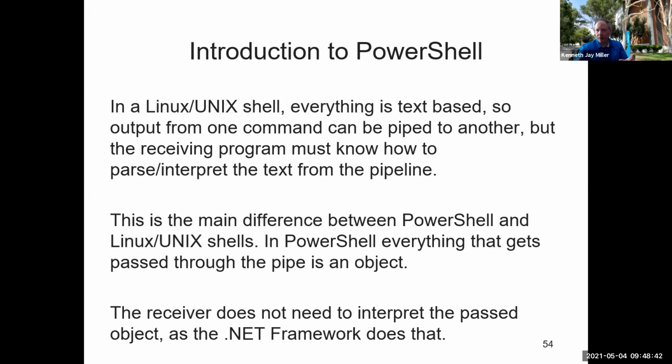So the receiving program doesn't need to know how to interpret it, because that's what the .NET framework is there for. It gives us the ability to take the output from one command and send it to another command, and that other command doesn't even need to know how to deal with it, because .NET will do it for us. So it gives us a huge amount of flexibility.